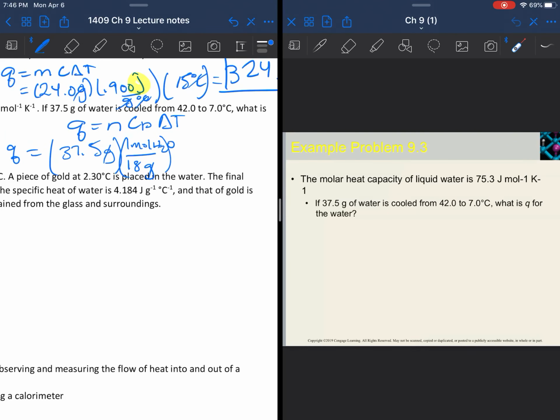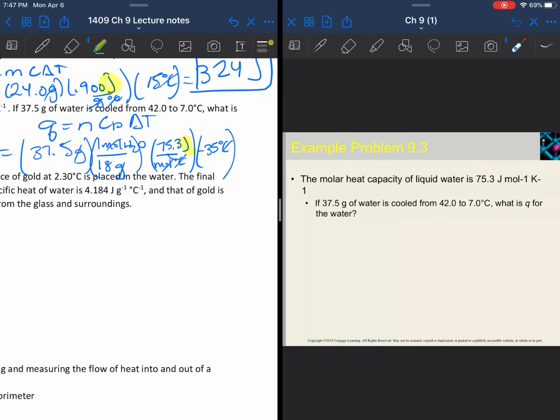There are 18 grams in 1 mole of water. Right? So now grams cancels out and we're left with moles. Now we can plug in our CP, that's 75.3 joules per mole degrees C. We know the change in temperature is negative 35 degrees C.